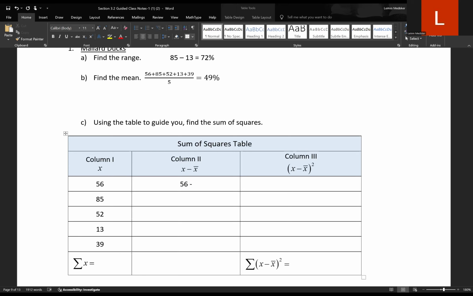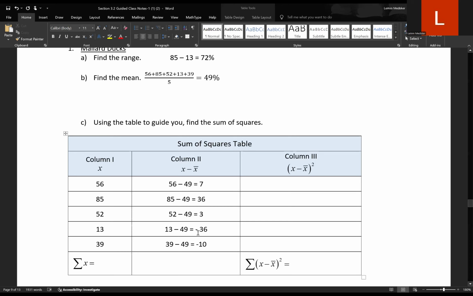So 56 minus 49 equaled 7. And then we had 85 minus 49, and that one equaled 36. 52 minus 49 was just 3. And then 13 minus 49 was going to be negative because 13 is less than our mean. That was negative 36. And then we had 39 minus 49 equals negative 10.